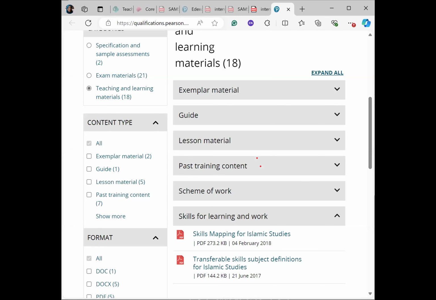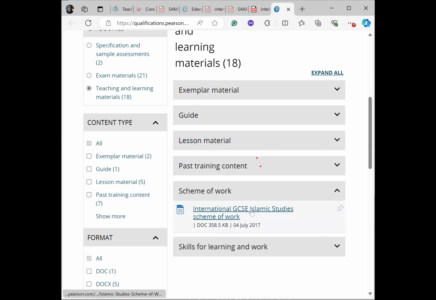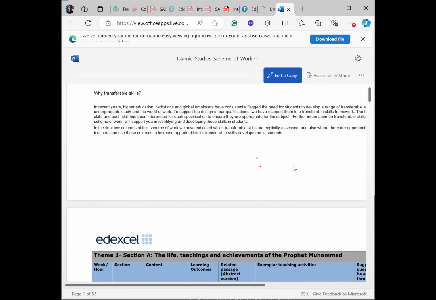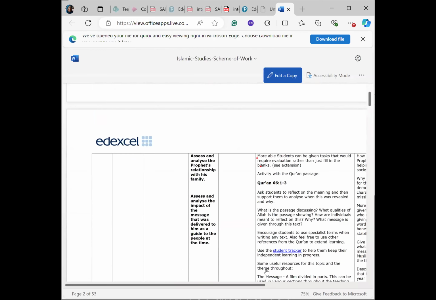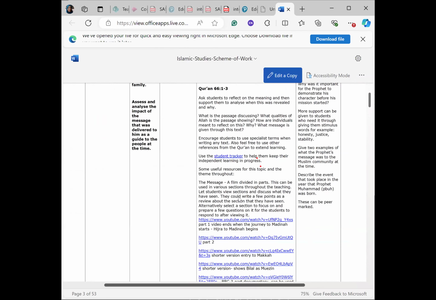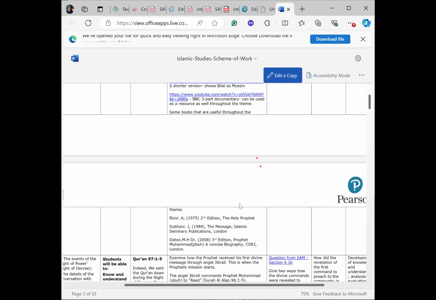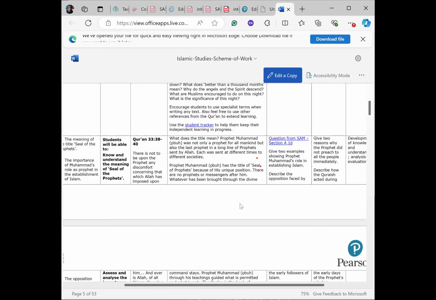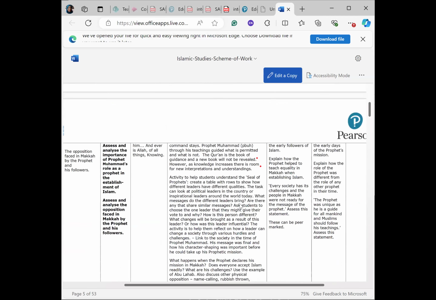Right, I'll stop sharing this. Yes, so when it opens as an empty document, the hexagon and other activities are actually linked in with the scheme of work. Somewhere in the scheme of work here, you will find an activity where you can use the hexagon. I can't have a look at it now, but I'm sure when you are reading it later on, you will find somewhere you can use the hexagon as an activity for the students to work on.